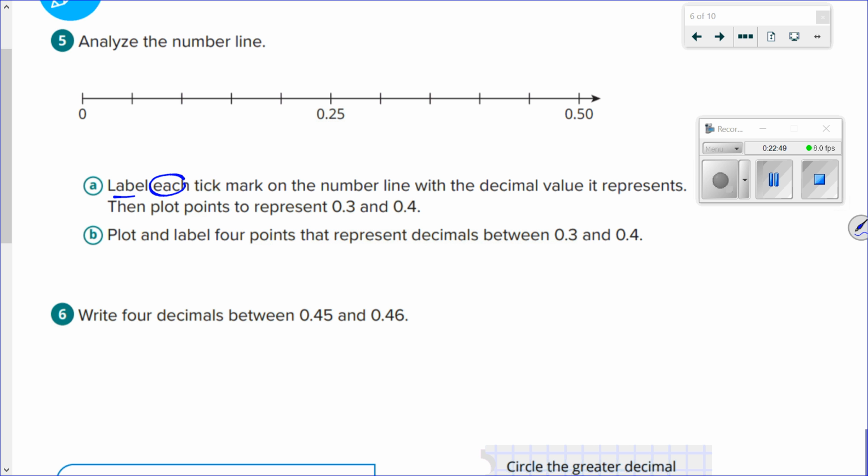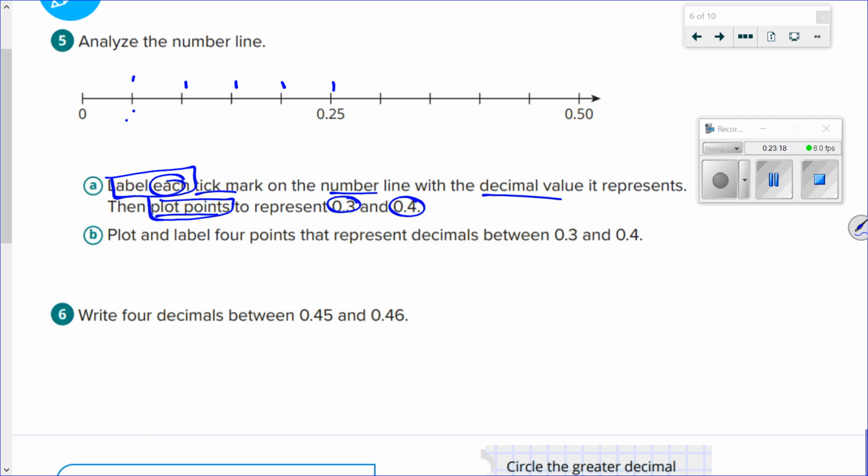So label each tick mark on the number line with the decimal value it represents. Then plot points to represent 3/10 and 4/10. So I need to do this and this. When I look at it, I have 5 marks to get to 25/100. So I take the 25/100, I divide it by 5, and that gives me 5/100.